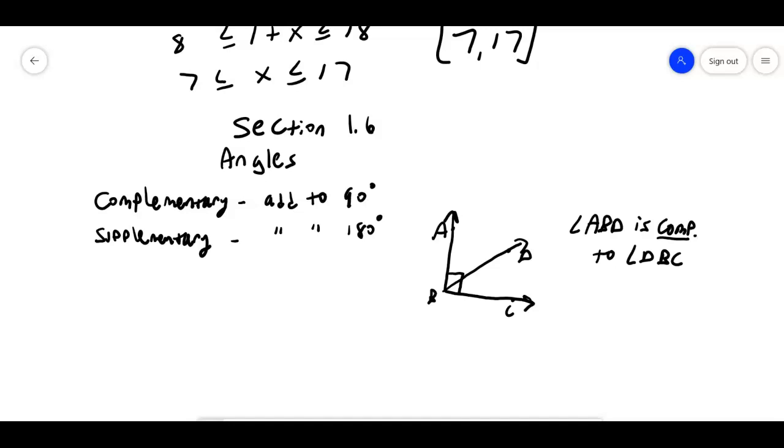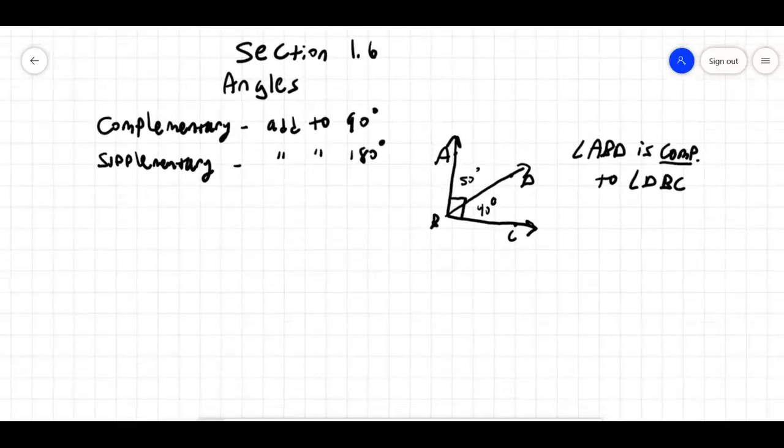So sometimes you might actually see numbers in there. Just for example, let's say this one was 50, this one was 40. Okay, so you can see those two together would add up to 90.